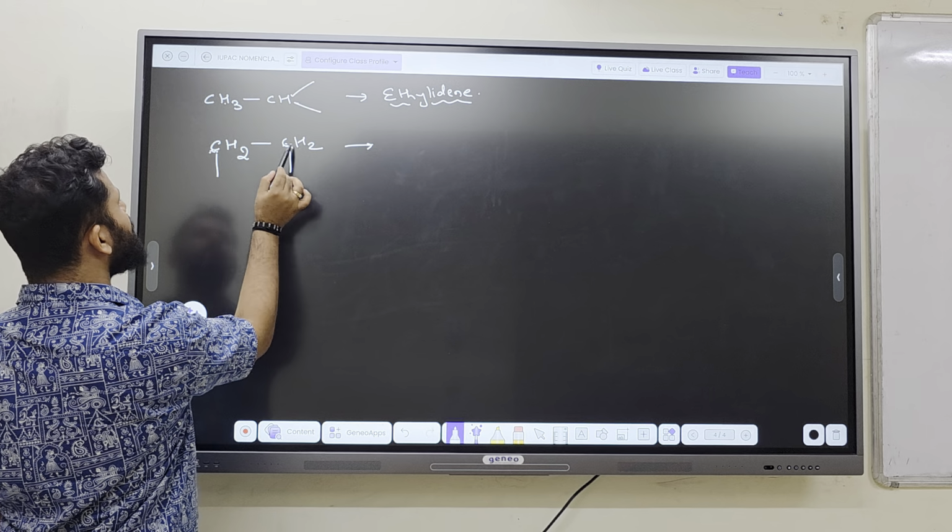These are called bivalent radicals. Some other substituents which we must remember: fluorine, whose name would become fluoro; likewise chloro, bromo, iodo, and so on.